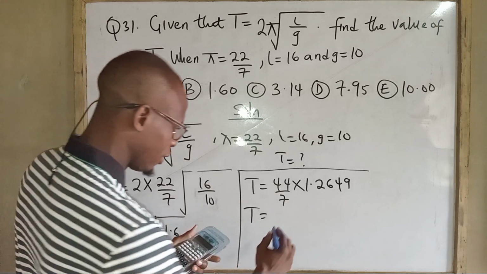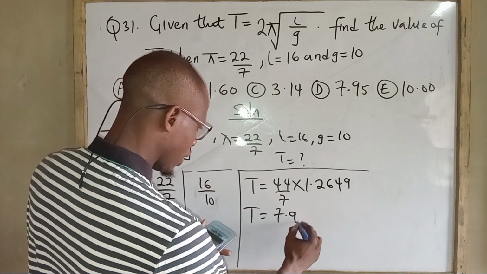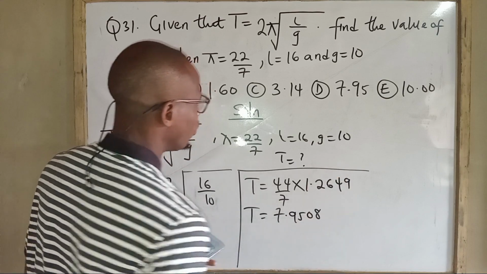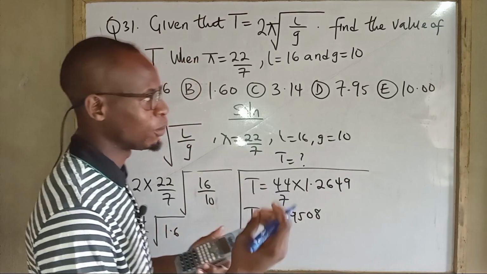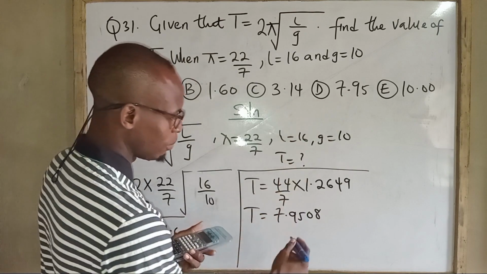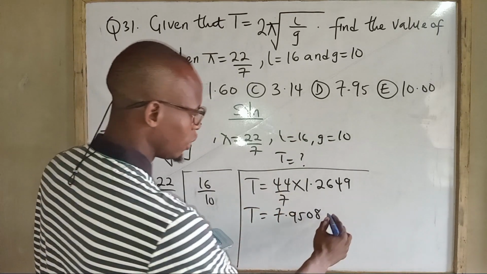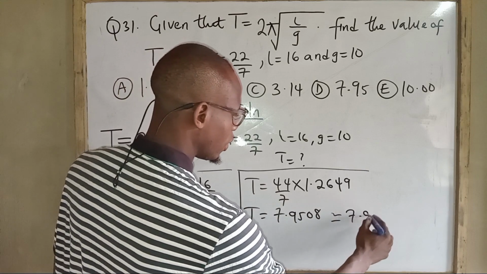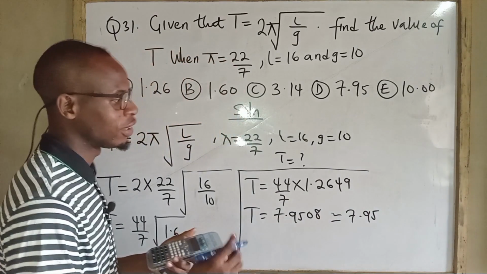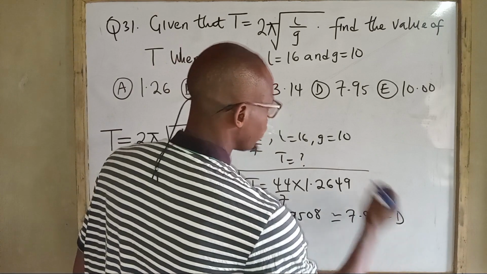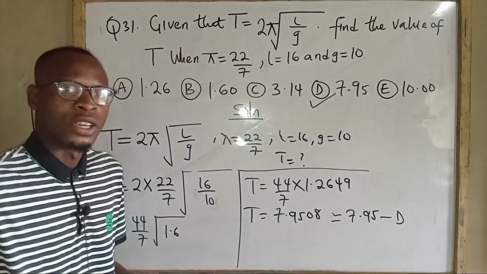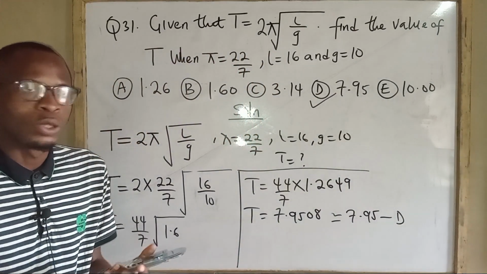I have 7.9508. But if you look at the options, it's approximated to 2 decimal places or 3 significant figures, so same thing as saying 7.95. So the correct answer here is option D. I believe that is clear. So let's go to the next question.